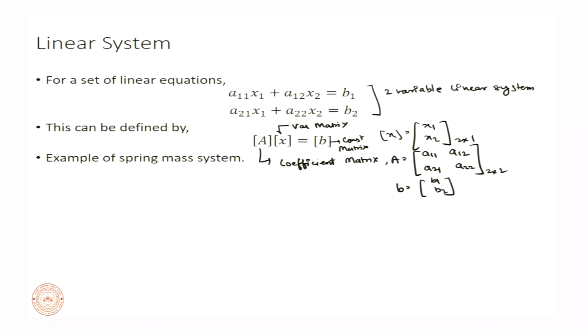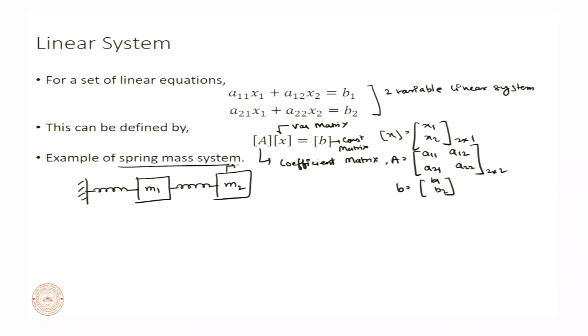Now, we can start by taking up an example of this using a spring mass system. So, let us take an example. We have a spring mass system. This is a wall. We are connecting one spring to a mass m1 and then another spring to another mass m2.